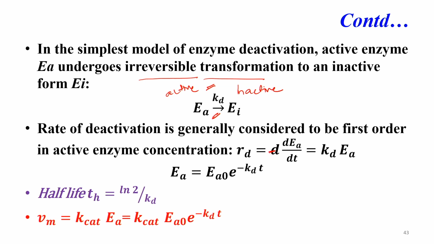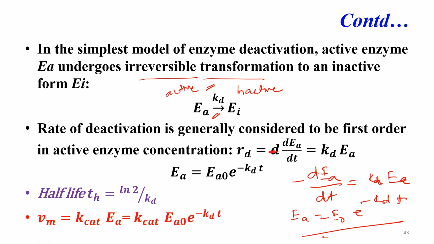This becomes minus dEA upon dt equals Kd into EA. So, it simply becomes first order kinetics: EA is equal to EA naught e to the power minus Kd into t.